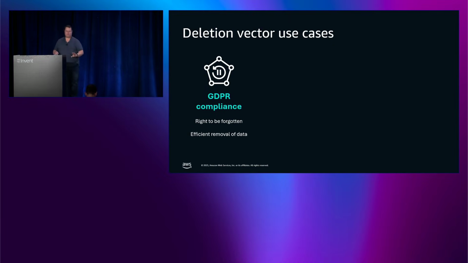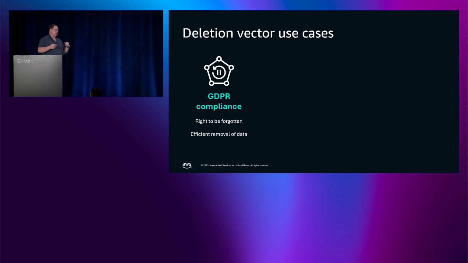So let's talk a little bit about use cases and why you want to implement something like deletion vectors. We talked about the write amplification piece, but there are other higher level scenarios where deletion vectors can come into play. So GDPR compliance, we see a lot of people running into write amplification issues doing GDPR compliance.